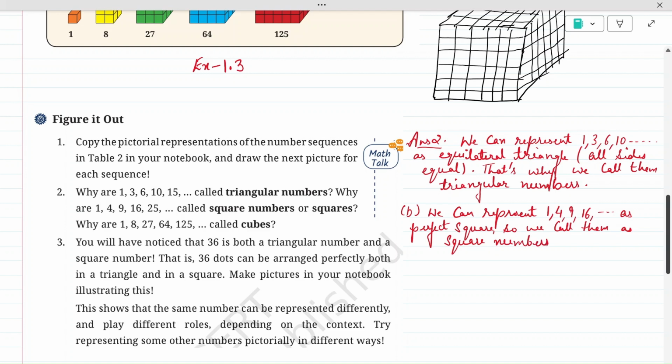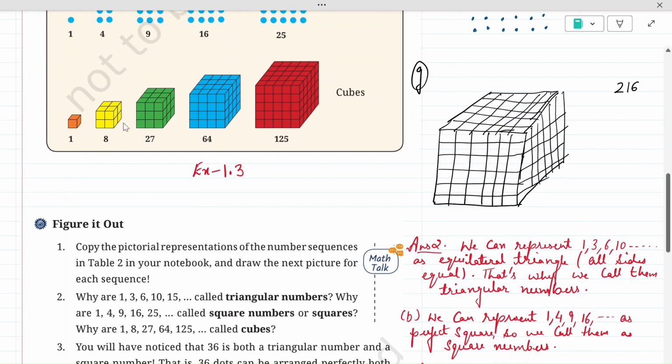Okay. Now, the C part of this. C part is why we call these numbers cubes. We just saw that we can represent them as a perfect cube: 1 cube, 2 cube, 3 cube, 4 cube, 5 cube and 6 cube.